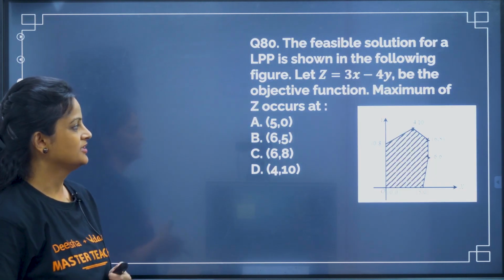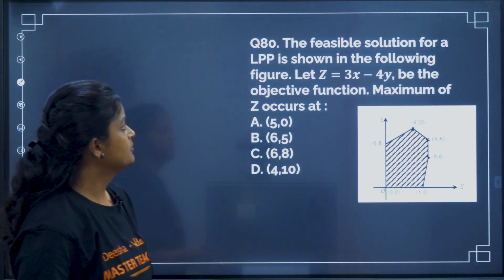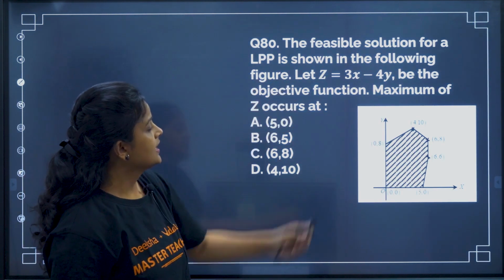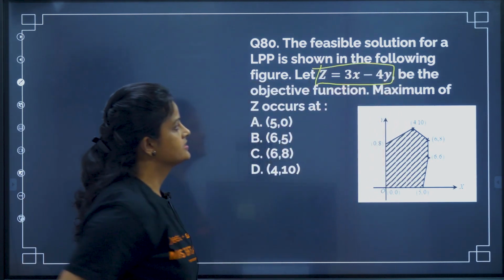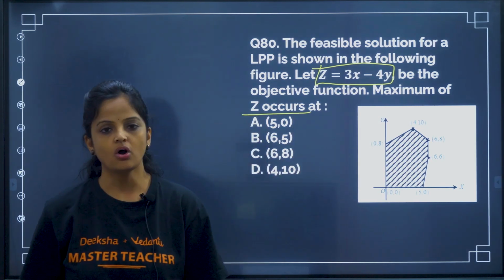Okay, so let's take up the next question. The feasible solution for an LPP is shown in the following figure. Let z equal to 3x minus 4y be the objective function they have given. Maximum of z occurs at what?